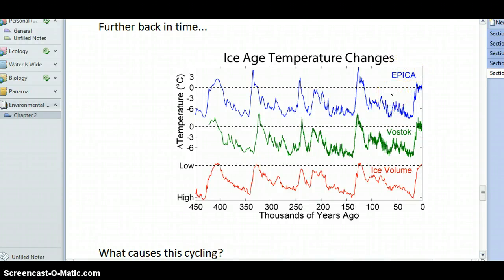You'll, for example, have colder periods, particularly in the northern hemisphere, when the northern hemisphere is at its maximum tilt away from the sun, and when the furthest distance from the sun falls in the northern hemisphere's wintertime.